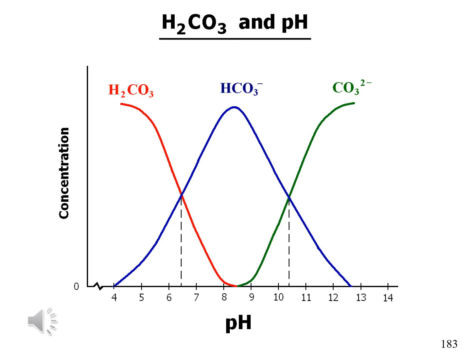The thing is, this graph can tell you how CO2 exists in your blood at the pH that blood is. If you keep getting more basic, you pull more and more of the first H off, and by the time you get to about 8.5, the only thing that's present in the solution of a significant amount is HCO3 itself.